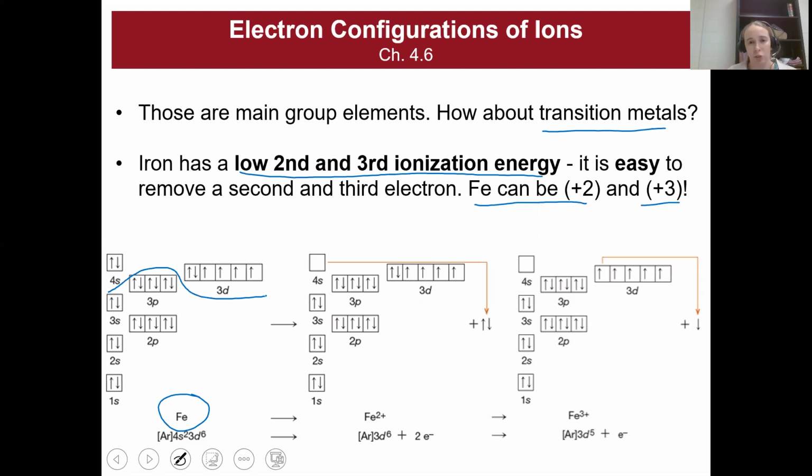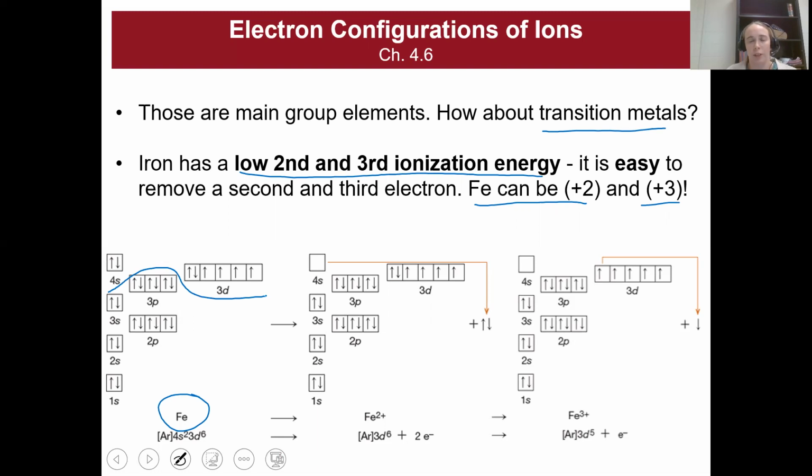Just try to remember that you're going to add the 4s electrons first when you are writing electron configurations of neutral atoms. But when you're writing the electron configuration of ions, especially transition metal ions, you're going to take away those 4s electrons first, or 5s or 6s, whatever.